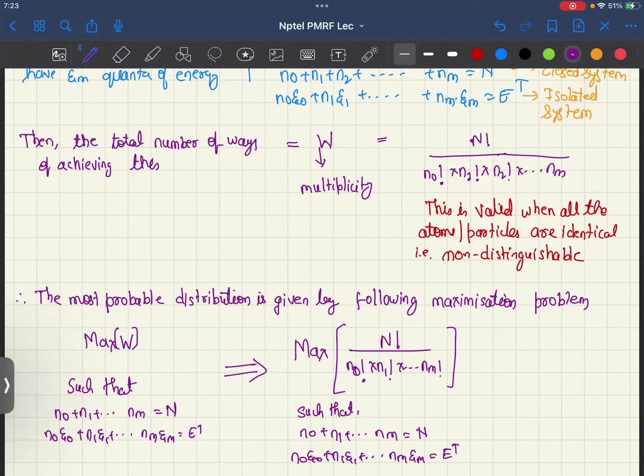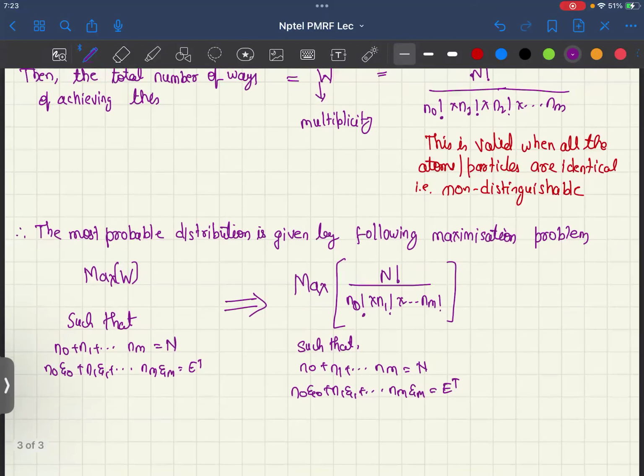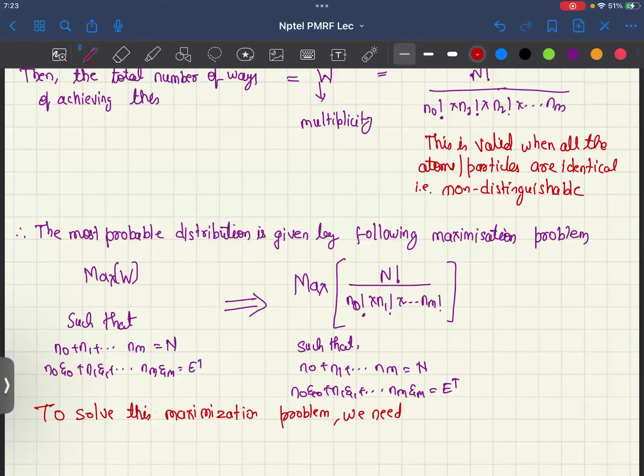Right? Now, to solve this maximization problem, we need the Lagrange multiplier method.